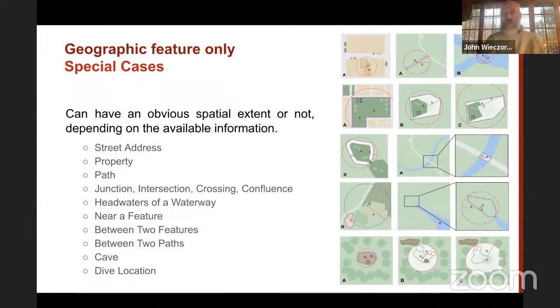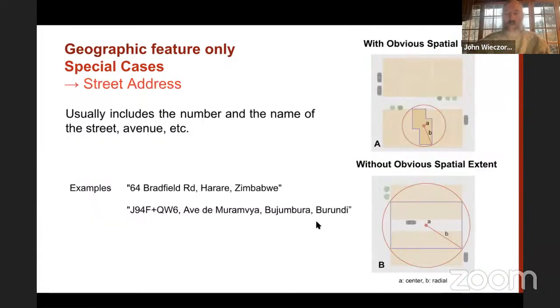Other things that are specialized would be things like caves and dive locations, which we have rules for, and the quick reference guide is very good about describing, but we're not going to go into in any detail here. What we will talk about quickly is one of these examples of a special case, which is a street address. So on the top in the diagram, A is an example where we're actually able to discern very specifically on the street where the address lies.